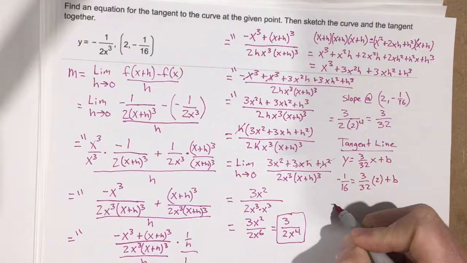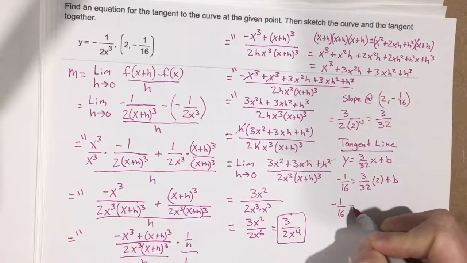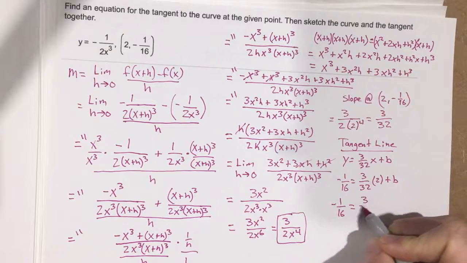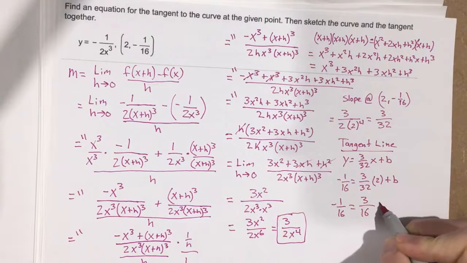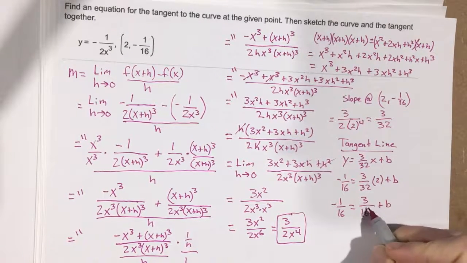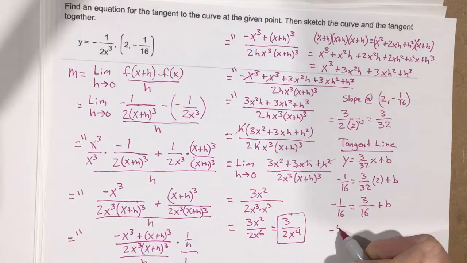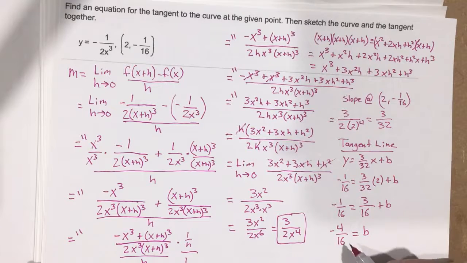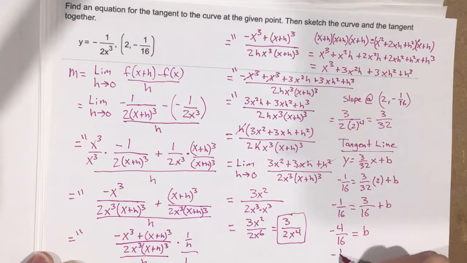The 2 and the 32 are going to cancel a little and give you 3 over 16 plus b. Subtract this over, you get negative 4 over 16 equals b, that'd be negative 1/4 for b.